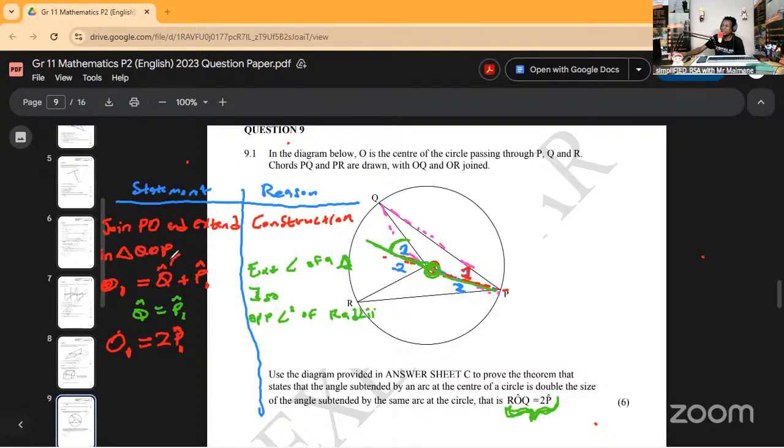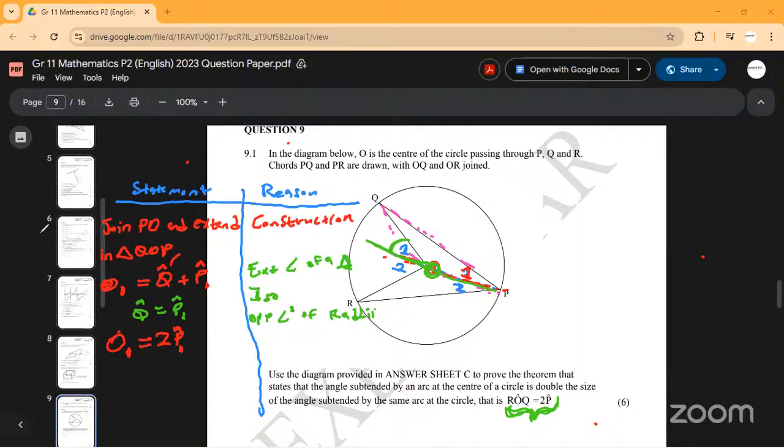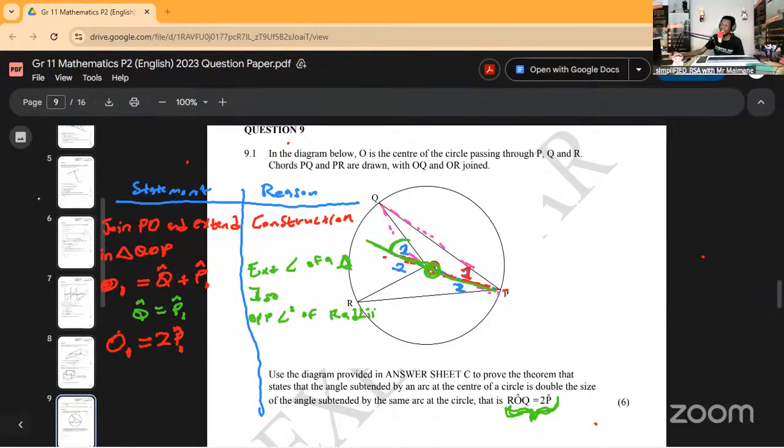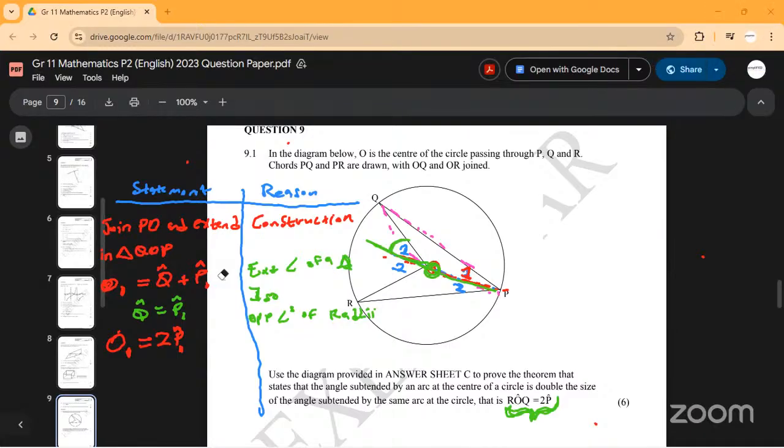If you substitute P1 here, you have P1 plus P1, which will be 2P1, because Q1 is equal to P1. So O1 is equal to 2P1, yes, because Q1 and P1 are equal. P1 plus P1.